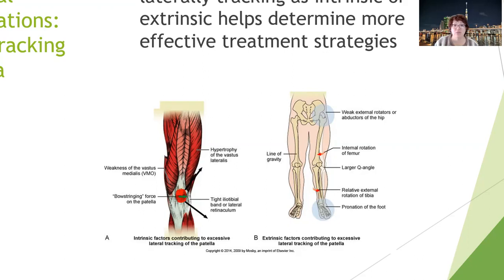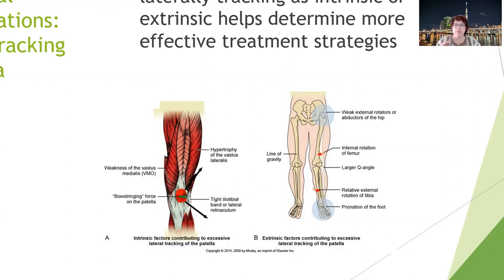So extrinsic factors contributing to excessive lateral tracking of the patella could include weak external rotators or abductors of the hip, internal rotation of the femur, a larger Q angle, relative external rotation of the tibia on the femur, and pronation of the foot.